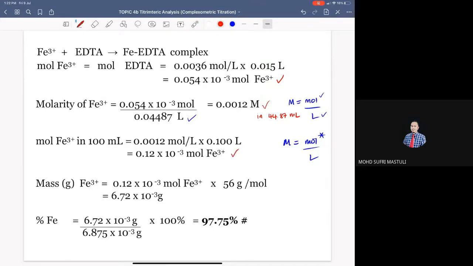So this is also correct. When you know the mole, you can calculate the mass, because mole is mass over molar mass.